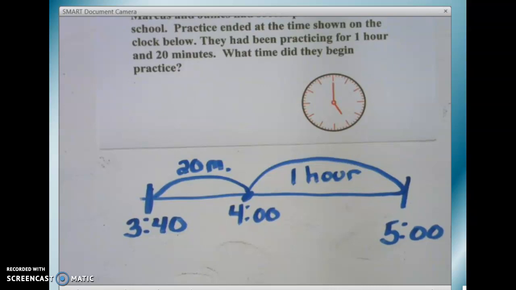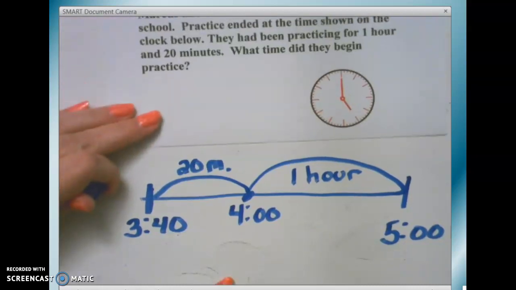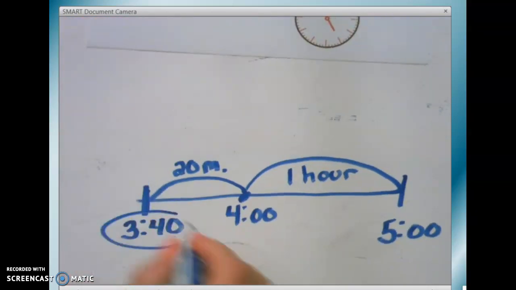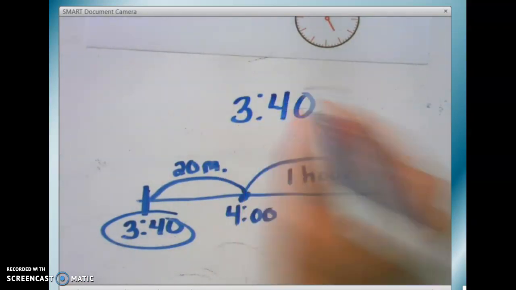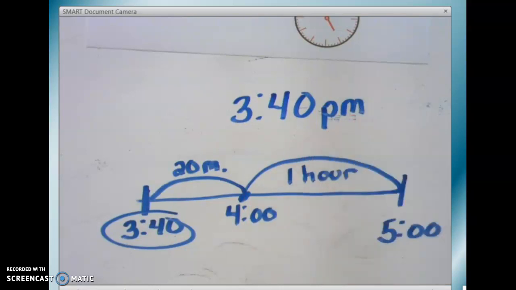I guess I didn't do that. Let me show you what I should do. Okay, my answer is, the question for this one was, what time did they begin practice? Here's my answer. 3:40. Now, I'm assuming this is p.m. because you don't start practice at 5 in the morning, 4 in the morning, or 3:40 in the morning.